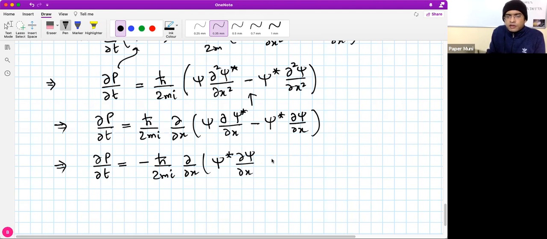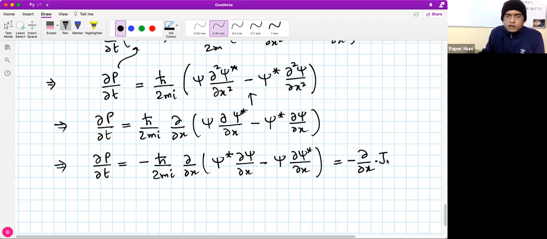Now the terms are exchanged because we have taken a negative sign outside. Now this is the format which we want, and this is defined as the derivative of j.